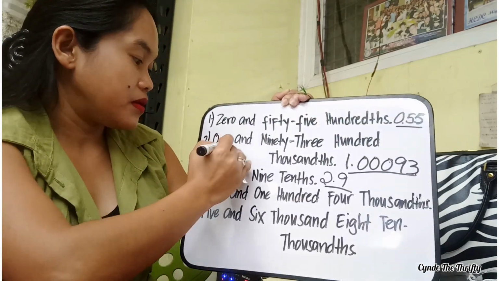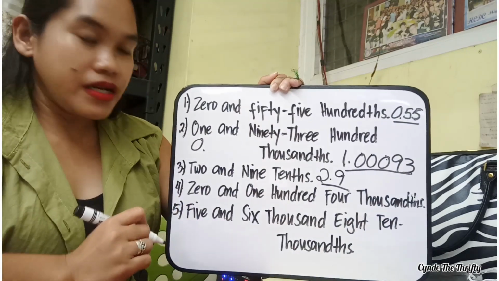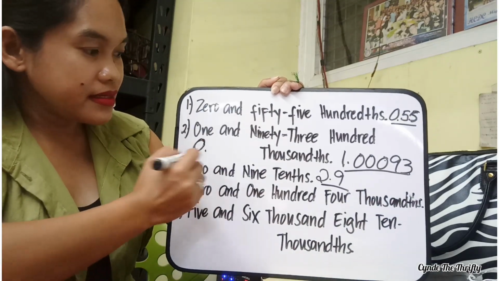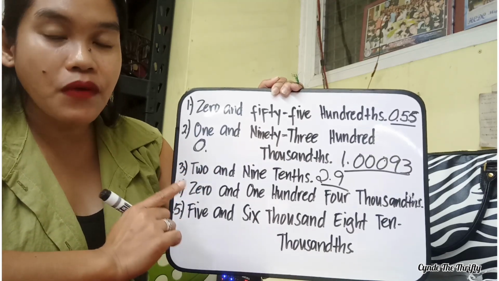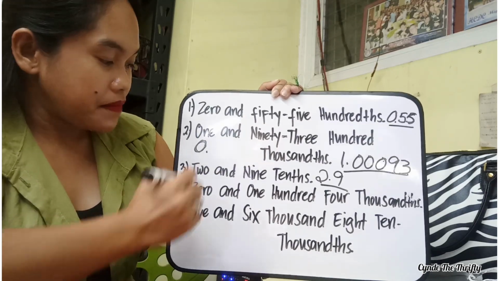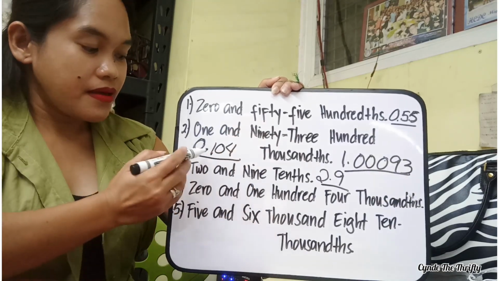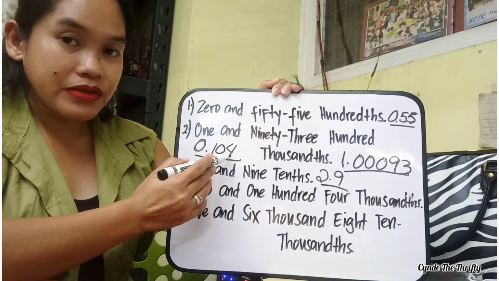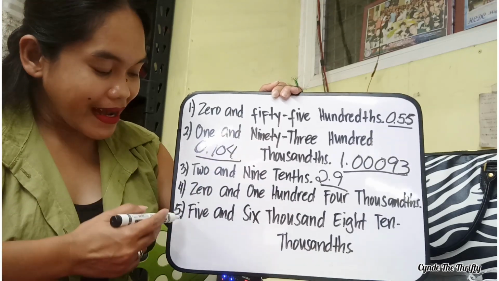Saan ba si 4? Dito. So, ibig sabihin, si 4 nasa thousandths place. Tenths, hundredths, thousandths. So, 0.104.